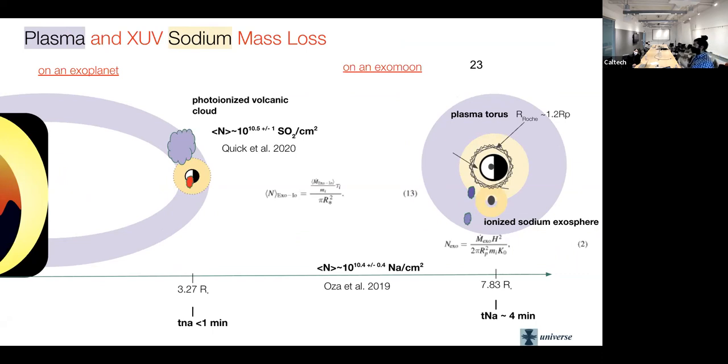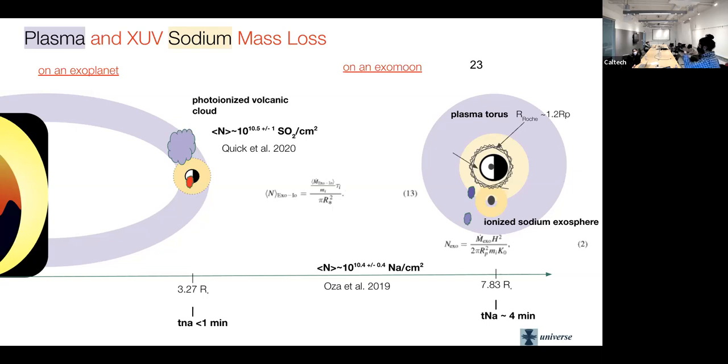If we want to do a forward model to predict the column density, with the only source of the column above the atmosphere being what's happening below the atmosphere, then the neutral evaporation rate and the neutral column density are just linearly scaled with the ionization timescale. That gets the total number of neutral atoms in our line of sight divided by the cross section of the star.